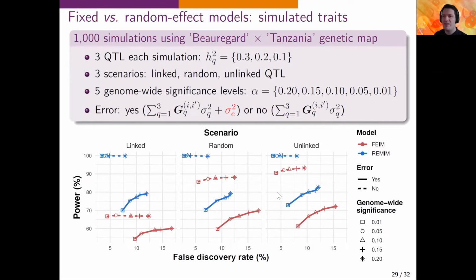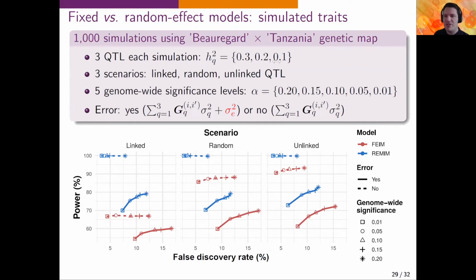So we used the Beauregard by Tanzania population genetic map. So we simulated 1,000 phenotypes, each phenotype with 3 QTL with different heritabilities each, right? So 0.3, 0.2, and 0.1.